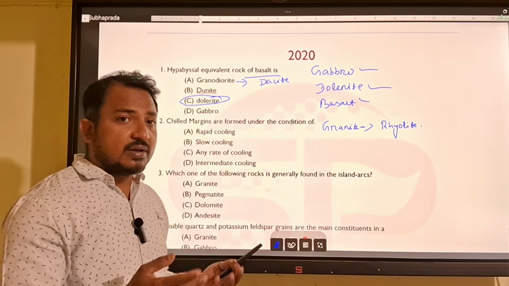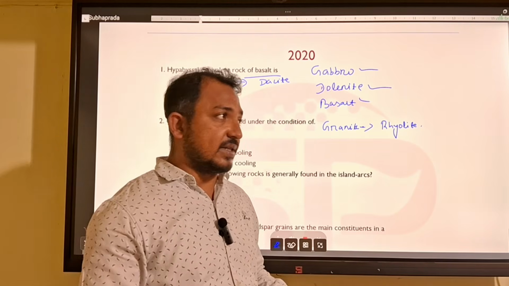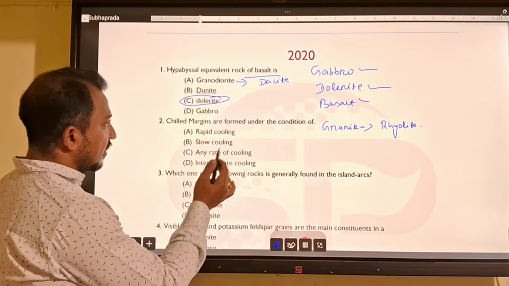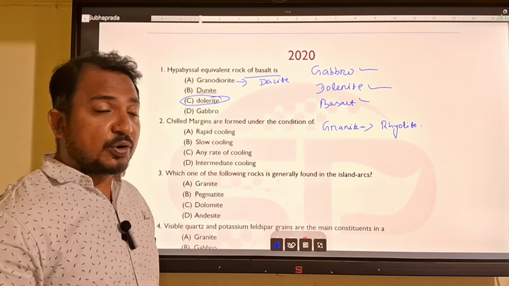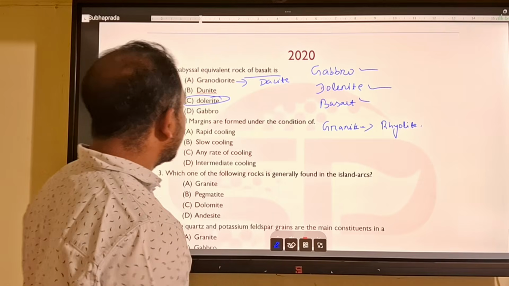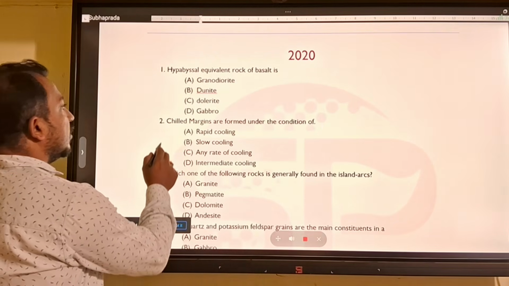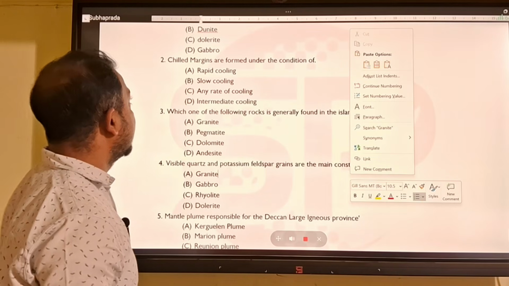All these things we can cover from the mineralogical tabular classification. So these are very important, very easy questions, but it is often asked what is the volcanic equivalent or what is the plutonic equivalent of a rock. These are the main types of rock you have to remember. So the answer will be dolerite.